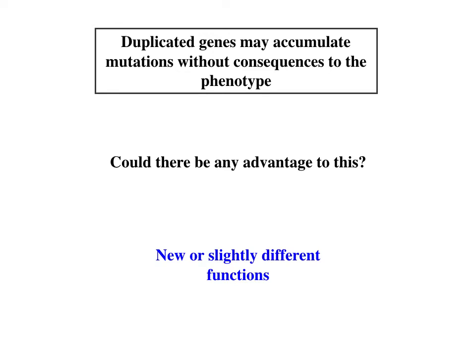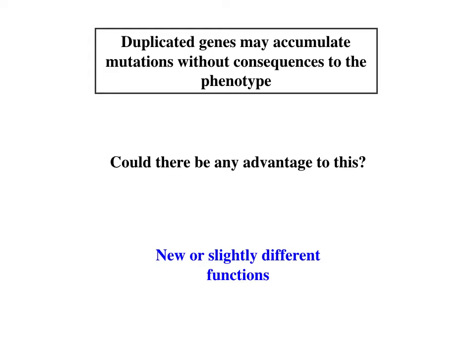So eventually what happens is, if you duplicate an entire gene, you now have 2 copies of a gene. You only need 1 copy, and so that frees up the other copy to accumulate mutations without consequences to the phenotype. So is this a good thing? Is this a bad thing? Could you think of any advantage that this would have?